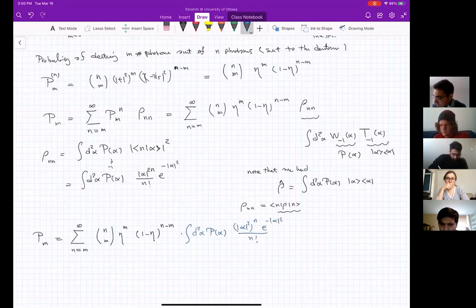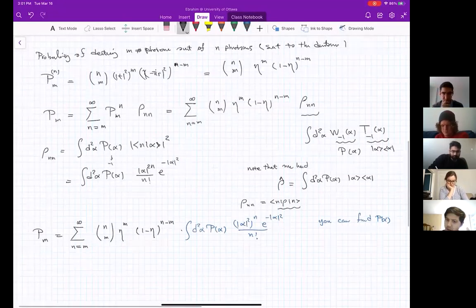Consider that you can find P(alpha). If you can find P(alpha), that's excellent. If you don't find P(alpha), then you have to look for other possibilities to find rho_nn. Okay? Good. All right, so now let's simplify this.